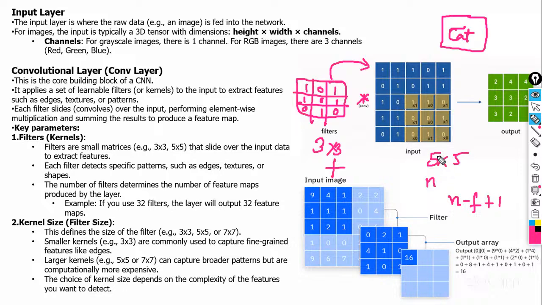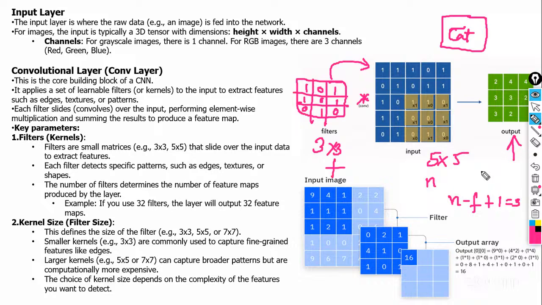What is the size of your input image? 5. What is the size of your filter? 3. So 5 minus 3 will be 2. 2 plus 1 will be 3. So I should get a 3 by 3 image as output. Hope it's making sense. This is one of the important formulas in CNN, convolutional neural network operation.